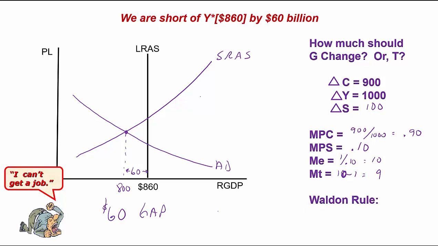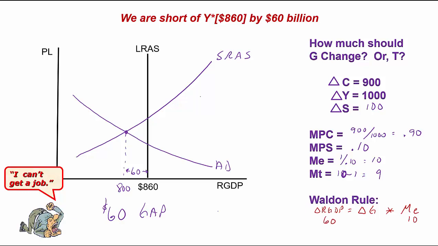So my little Walden Rule tells me this. Now, my change in GDP will be equal to my change in government spending times my expenditure multiplier. We just calculated that the expenditure multiplier is 10, and we want GDP to change by 60 because we want to close the gap.